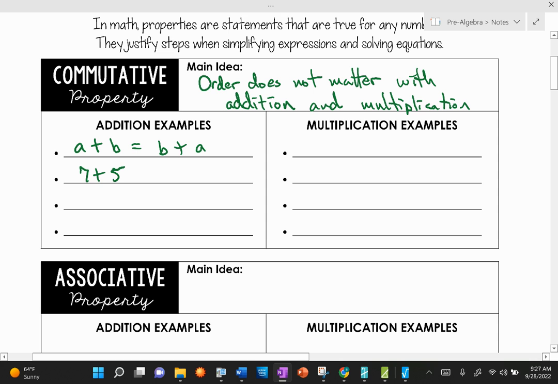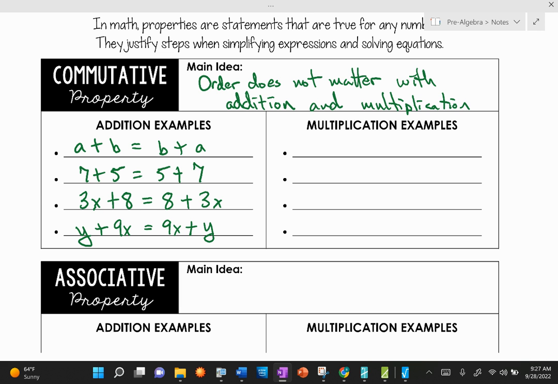So a couple others, just so you see it with numbers. 7 plus 5 equals 5 plus 7. 3x plus 8 equals 8 plus 3x. Y plus 9x equals 9x plus y. The multiplication examples are basically the exact same.